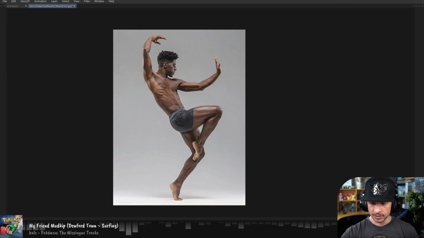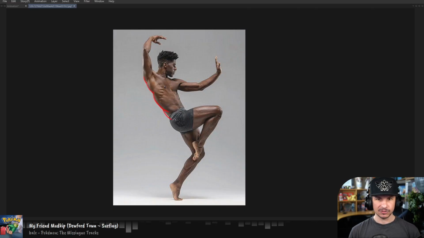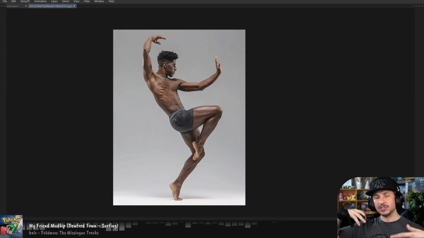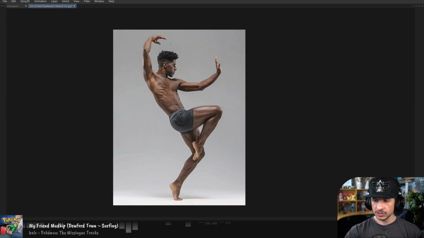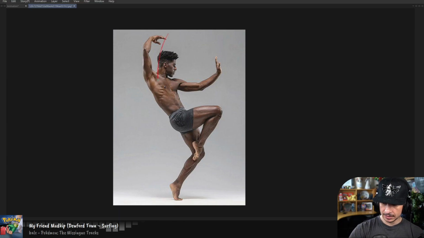And if you follow it too closely, you start getting into all the anatomical details, which is too complex. We don't want to do that. The line of action is the general line of the character. So here, let's keep it simple. The main line of action for this character is this, right through here.